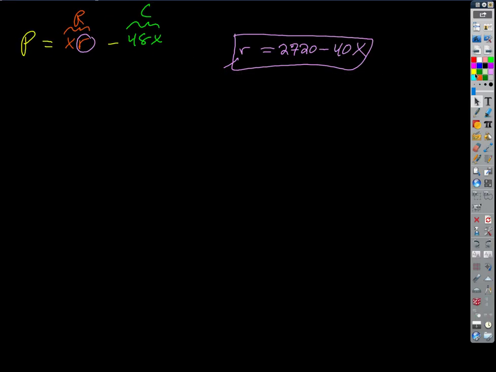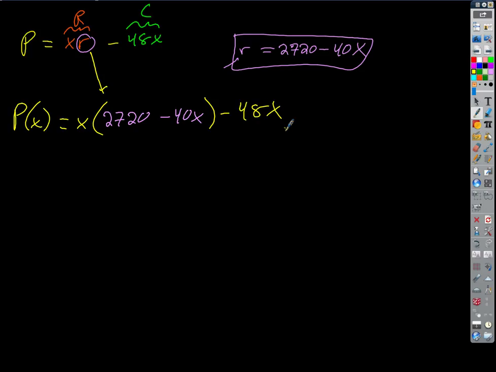Okay, so now we can make our profit as a function of a single variable. So profit as a function of x is going to be x times r, which is that whole thing, minus 48x, right?